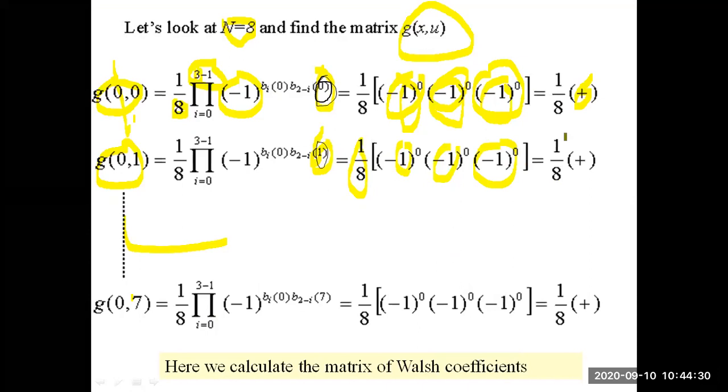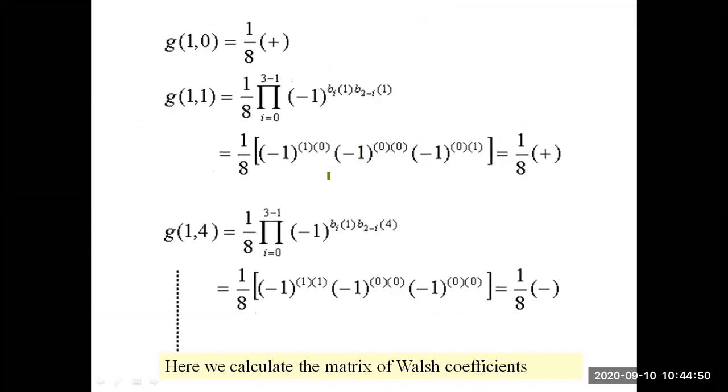Again we calculate 1 by 8 plus. Like this we get values from 0 up to 7. Since capital N equals 8, we get 8 values vertically, so we calculate the matrix like this. Next, the second one: here I change the x value to 1 and u is 0.